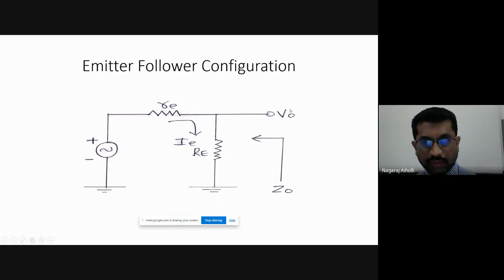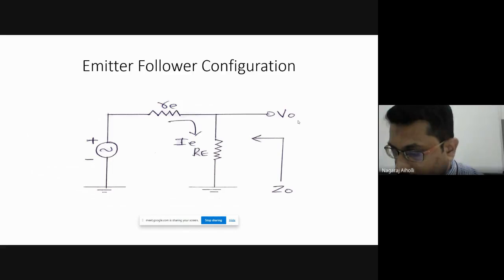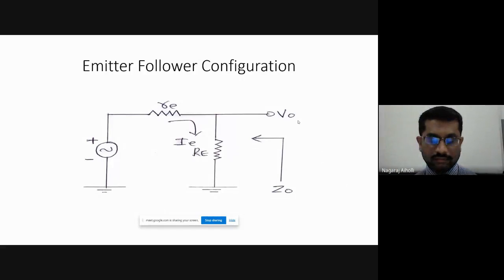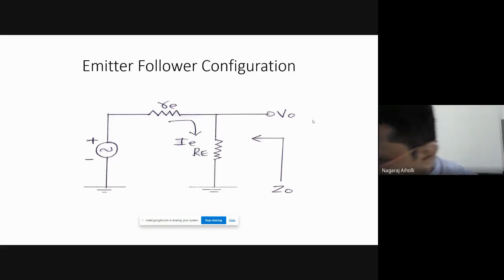Correct? According to the voltage divider rule, what does the voltage divider rule state? Who will tell me what is voltage divider rule? Prajwal Gowda. What is the voltage divider rule?